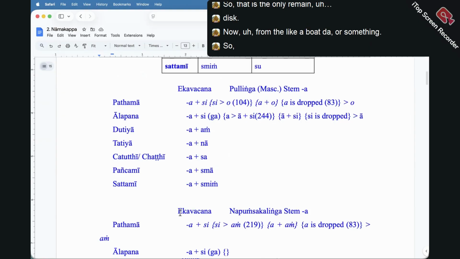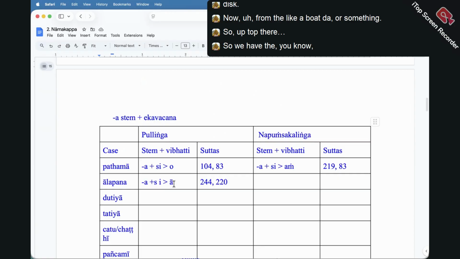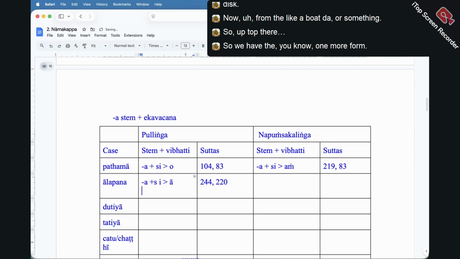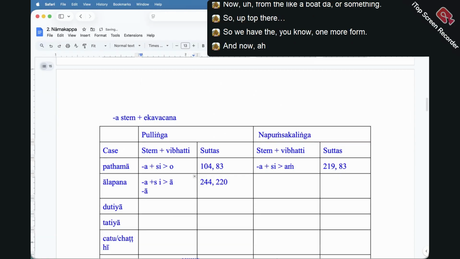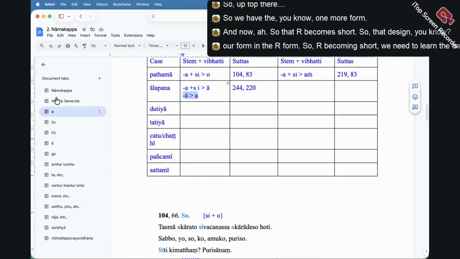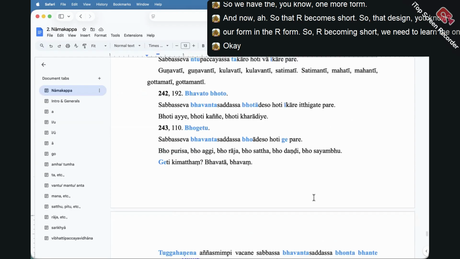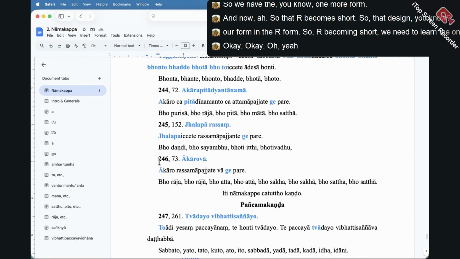So after that, we have one more form. Now R, so that R becomes short. So that is R form and the R form. So R becoming short, we need to learn one soda also. Okay, this soda 2, 4, 6.